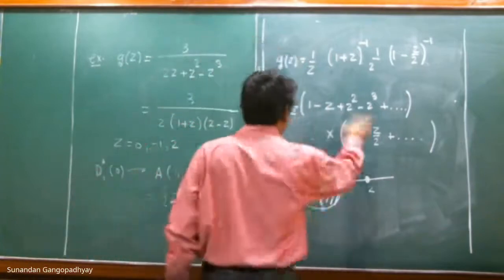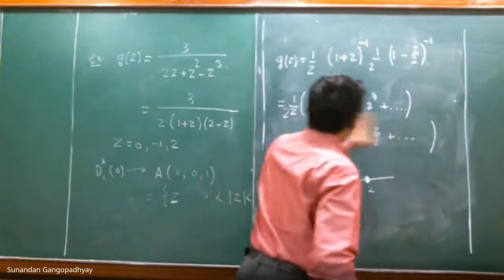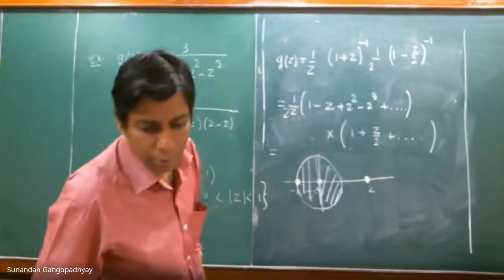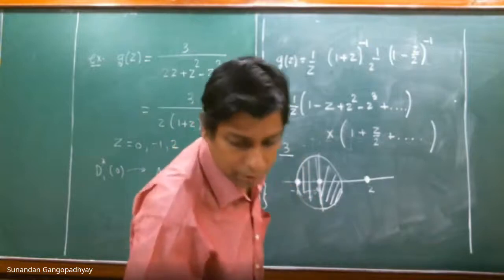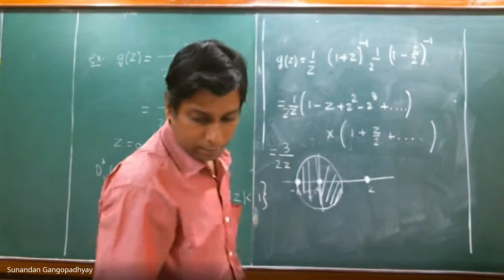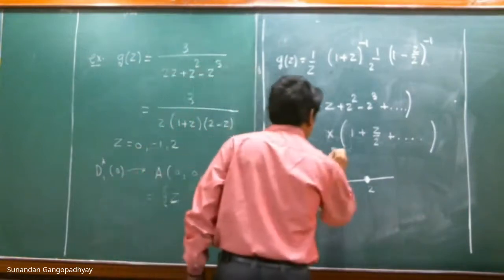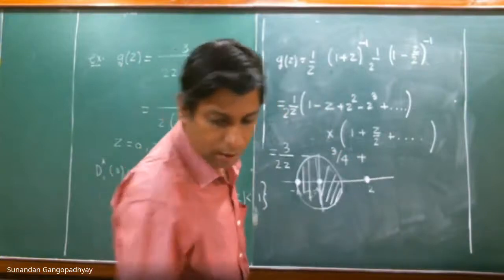You can check it for yourself that if you multiply these two things and keep terms up to order z, then the final answer will be 3 by 2z minus 3 by 4 plus 9 by 8 z.